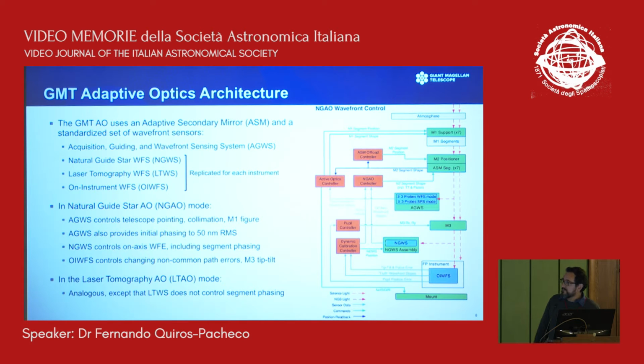And I will explain with some examples how this will be done. And then we will have the NGWS control that will provide a correction on axis, and this will include segment phasing. So the NGWS will have to control in real time the segment phasing of the full optical train by applying segment phasing corrections directly on the ASM.